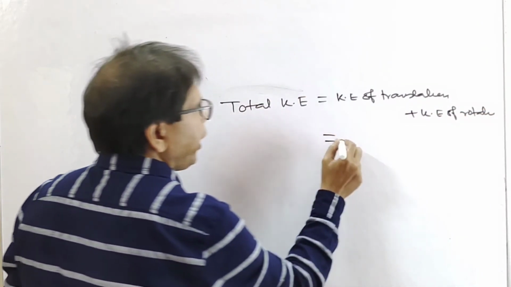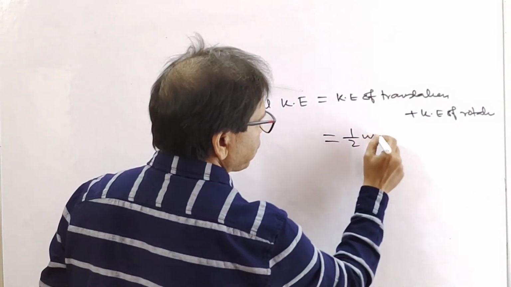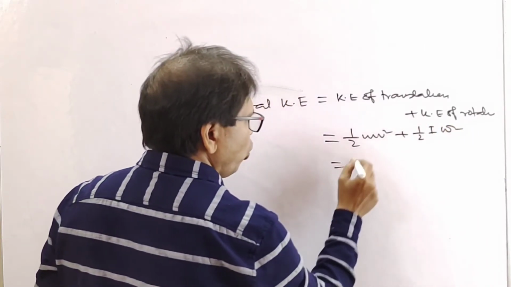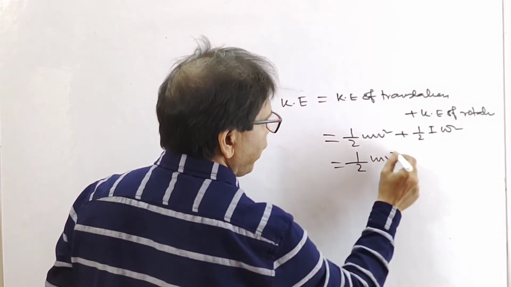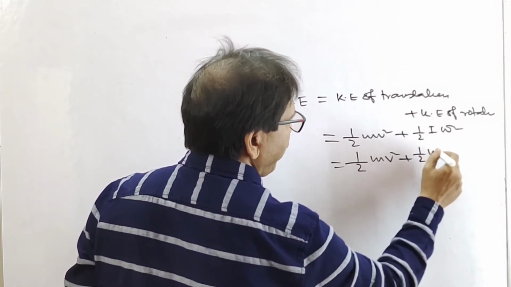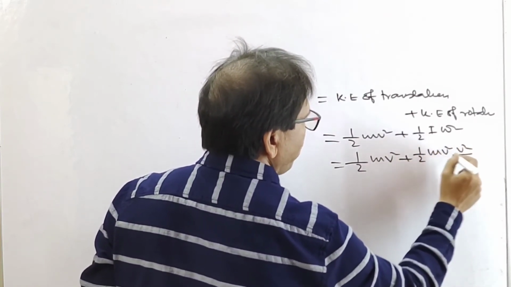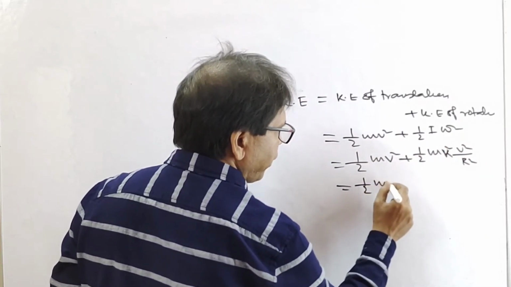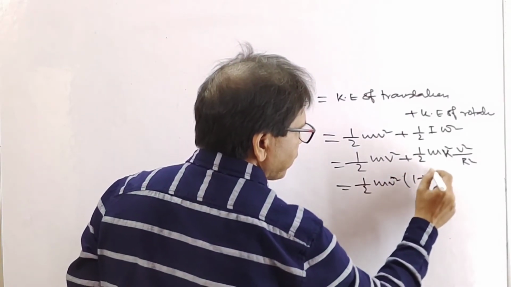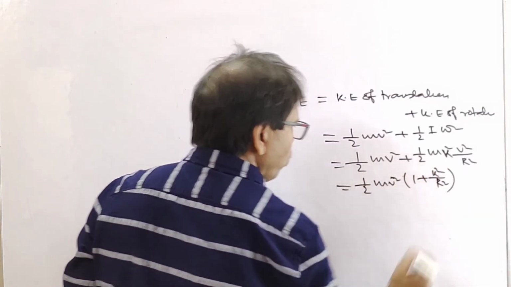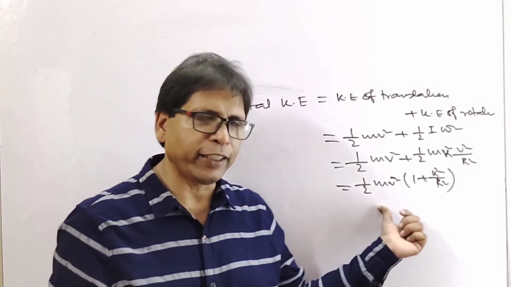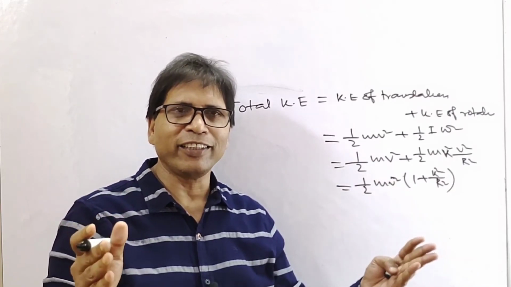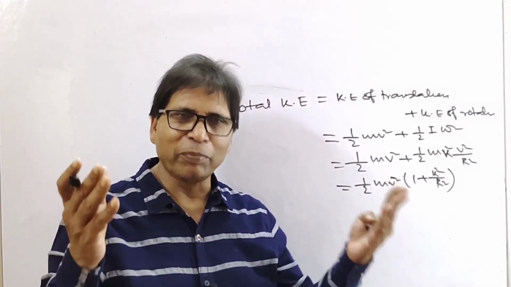Now look at this, KE of translation is half mv², and KE of rotation is half Iω². So this is half mv² plus half mk² into v² by r². Okay, so this is half mv² into 1 plus k² by r². So total kinetic energy depends on the radius of gyration. So total kinetic energy of different bodies is different.